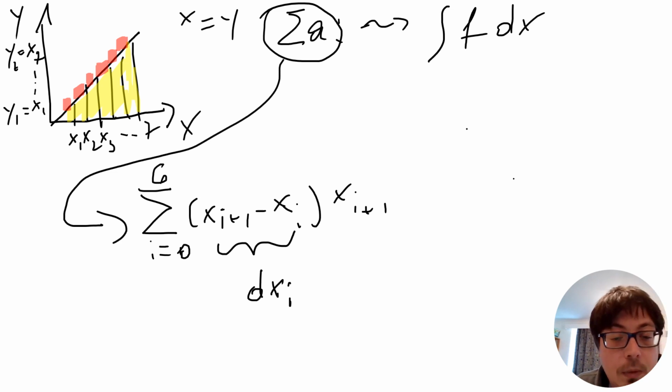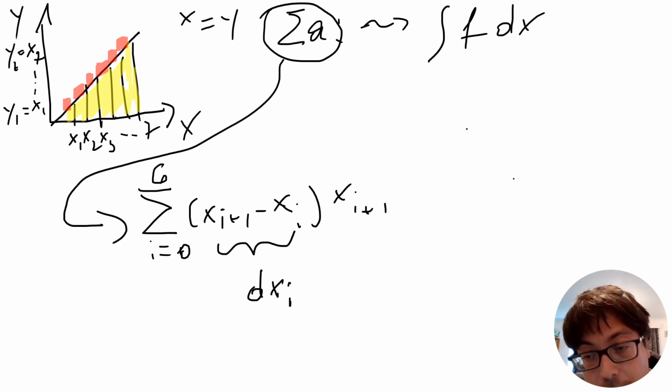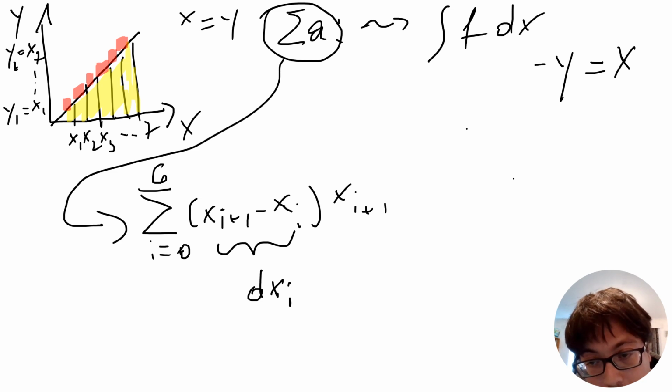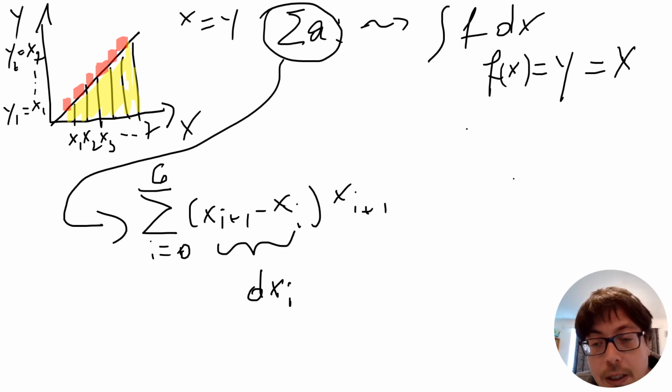It's a small difference between two bits. And this is actually our function, because if you remember, y is equal to x, but we can say that y is a function of x. And a function is just an association between some numbers x and whatever rule you want to give to get some numbers y. So the function is the rule, the y is the output of the function, the x is the input of the function.